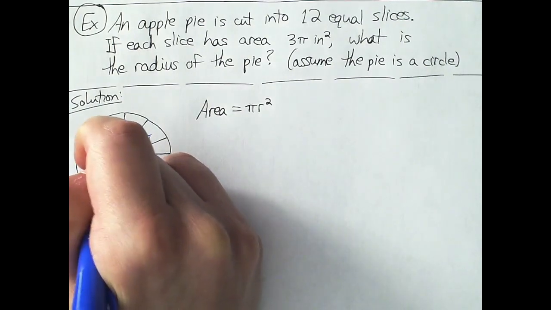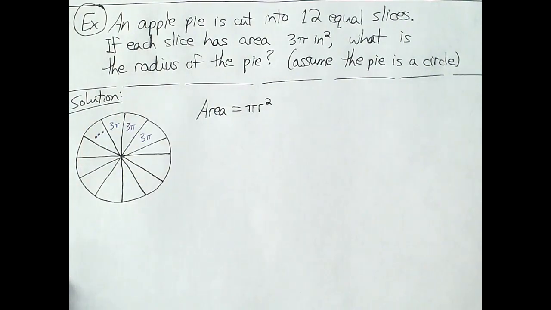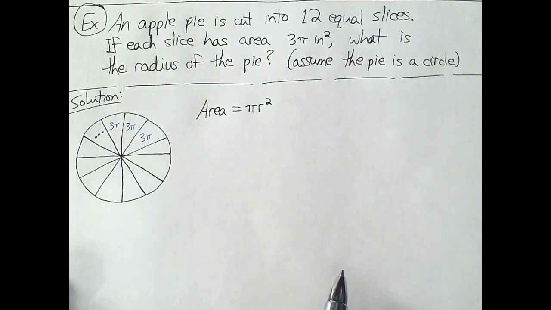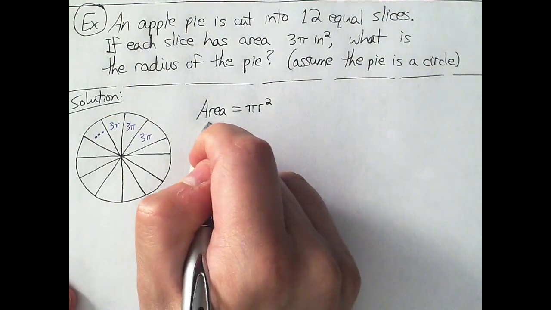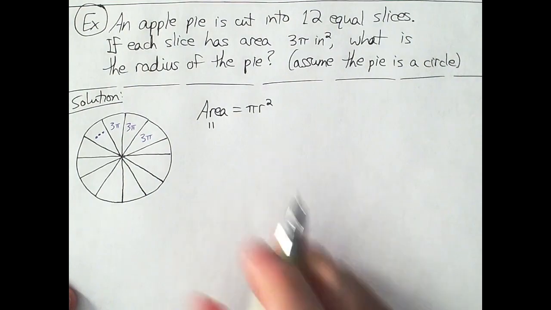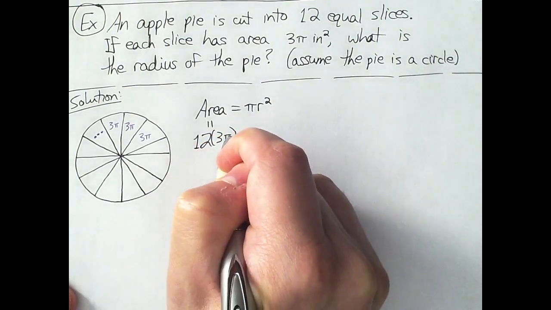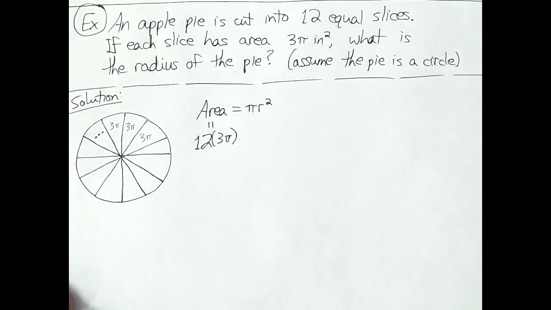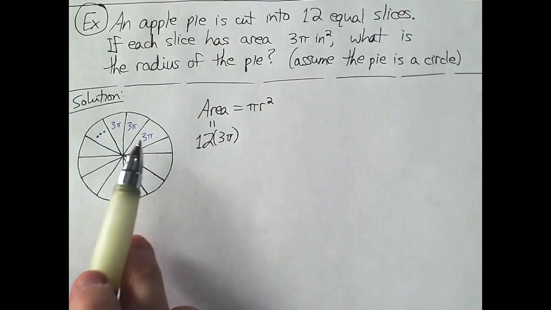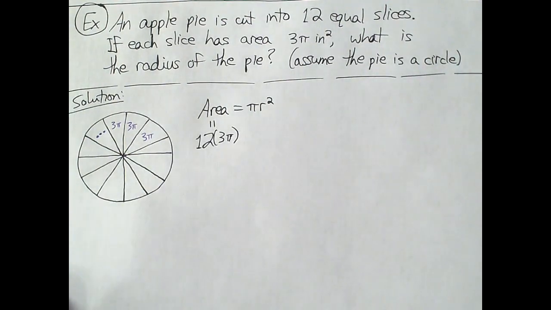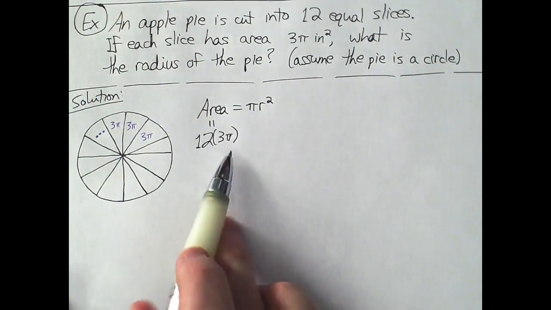Each slice has an area of 3 pi, and there's 12 of them, so the entire area of the pie is 12 times 3 pi. See what I did there? Area of one slice times how many slices there are. Total area of this circle is this.